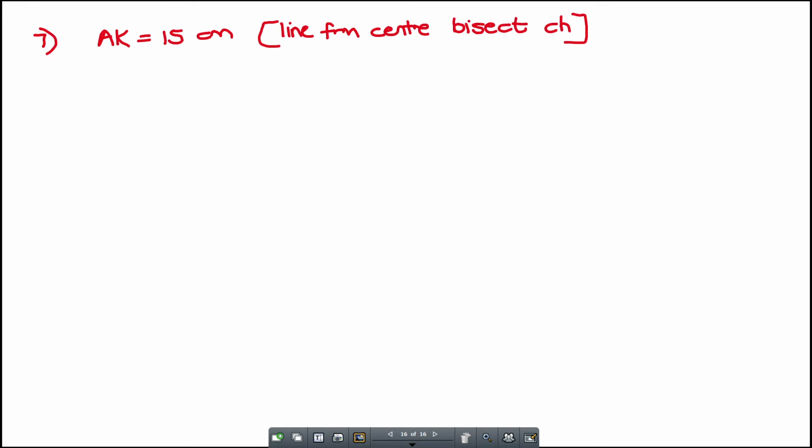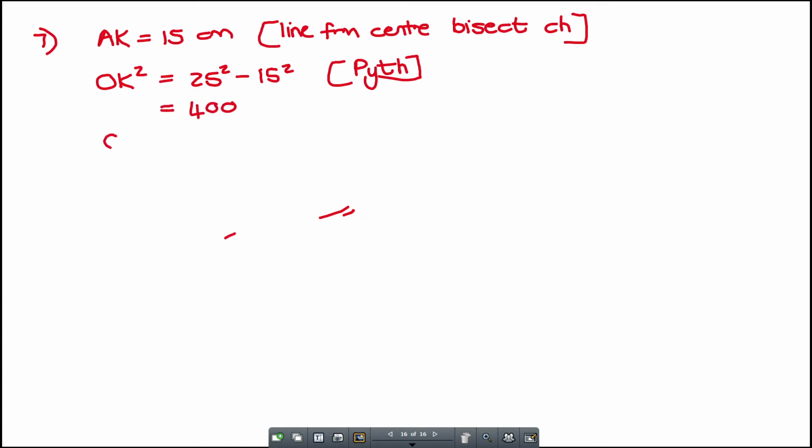Okay, dan het hulle vir my gesê the radius is 25. So if I work in that small triangle, I could say OK squared oor k kwadraat gaan wees die radius, wat mos 'n 25 kwadraat was, minus daai 15 kwadraat. Oeps. 15 kwadraat, and you've got to say Pythagoras after that. Okay, en dit gaan vir my gee 400. But I just want OK, so OK would then be 20 centimeters. Okay?